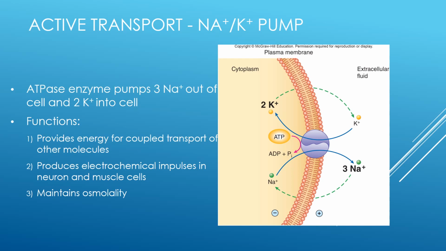When the enzyme ATPase hydrolyzes ATP to ADP, it blocks both openings. When the ADP is released, we have a conformational shape change that allows 3 sodium to move out of the cell and 2 potassium into the cell. The pump returns to its original shape once this has completed.